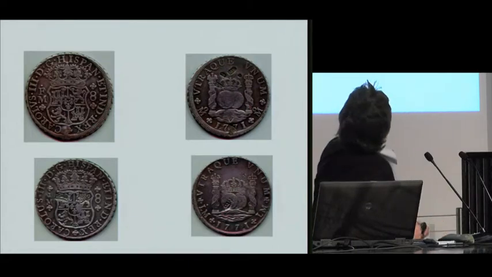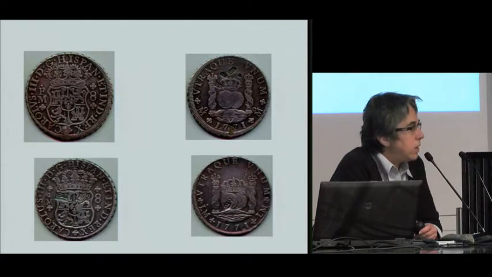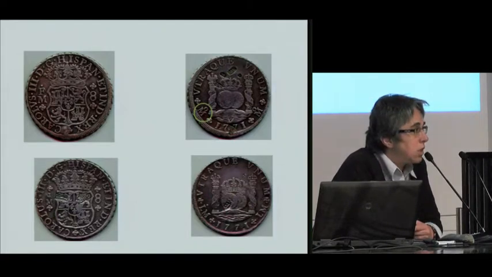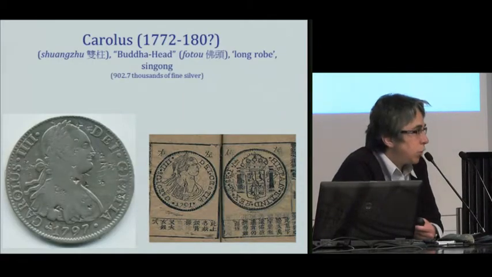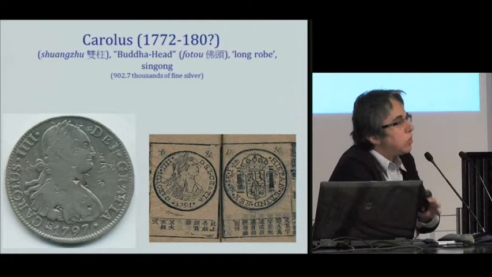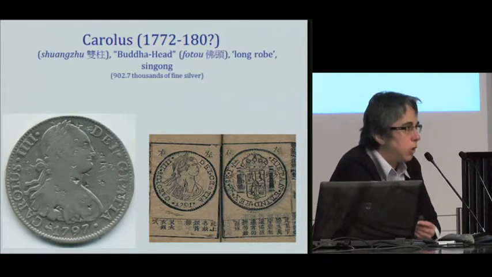These are two pillar dollars from 1771, and I guess they look pretty similar. But one was minted in Mexico City, and this one was minted in Lima, and they are technically identical. And this is the most famous silver coin of all, the Carolus, which was minted from 1772 into the 1800s, depending on the fate of the region in which the mint was located.